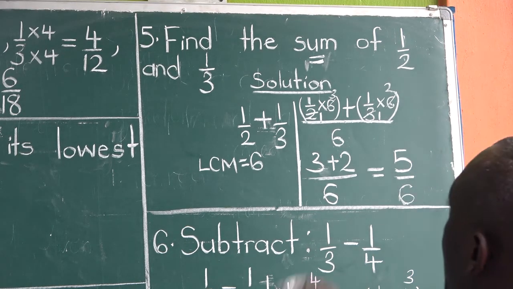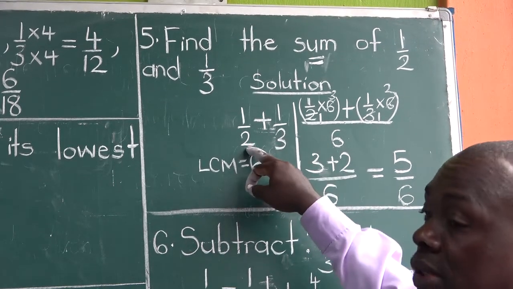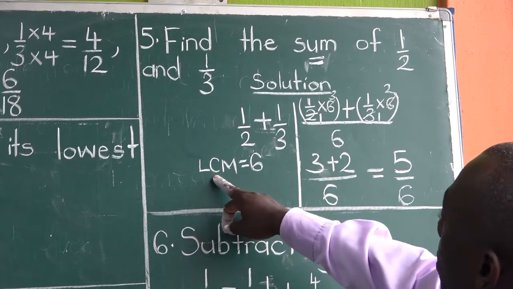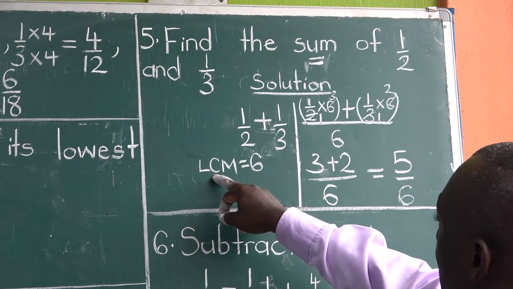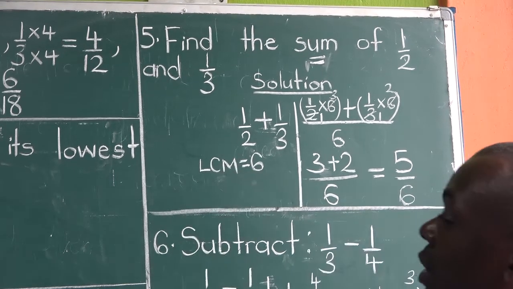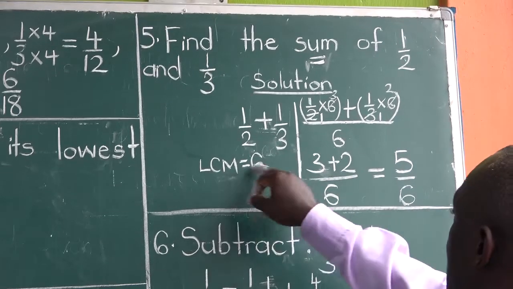So you're supposed to add them. You say a half plus a third, where I've got two denominators, 2 and 3. We combine them, or we make them meet, when we find the LCM. So the LCM of 2 and 3 is 6.